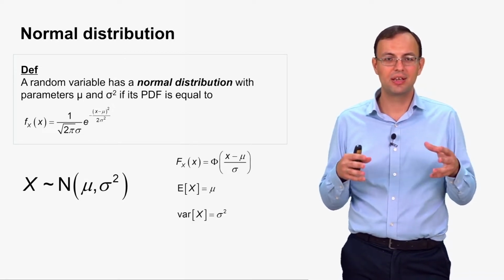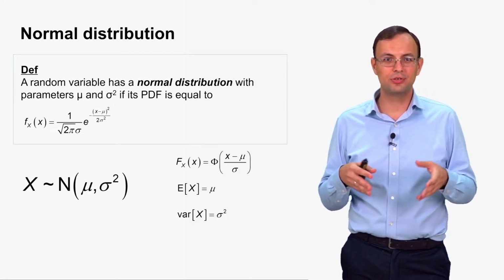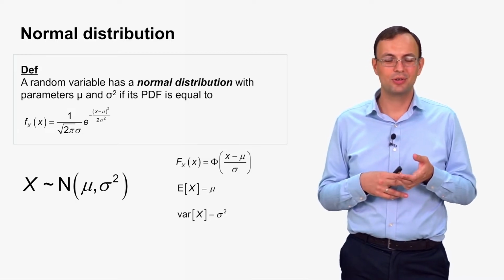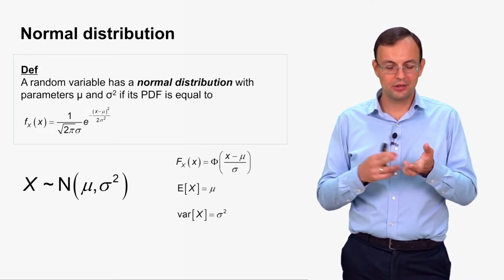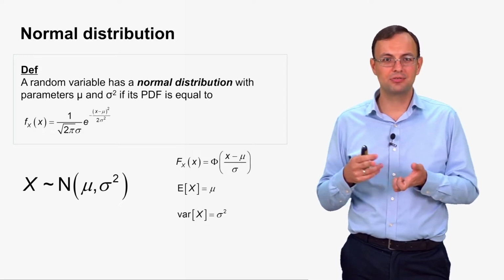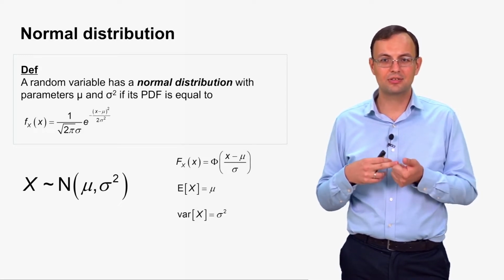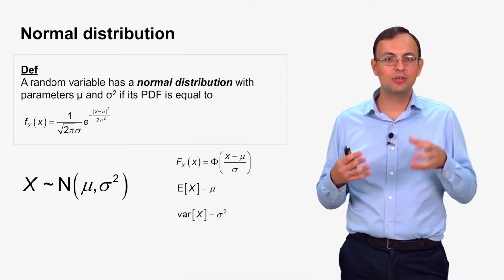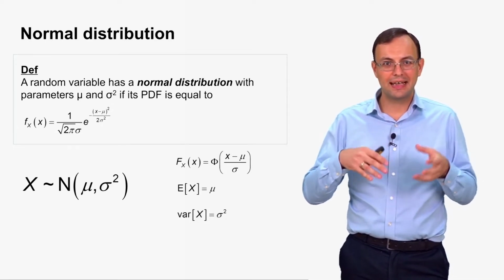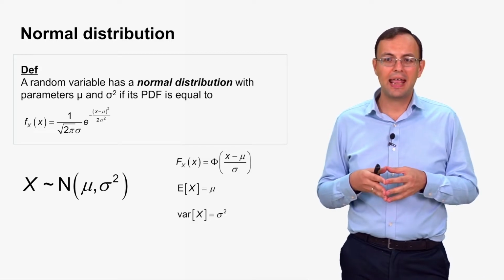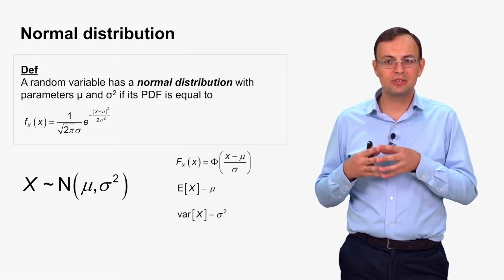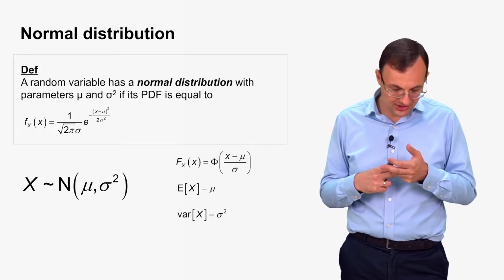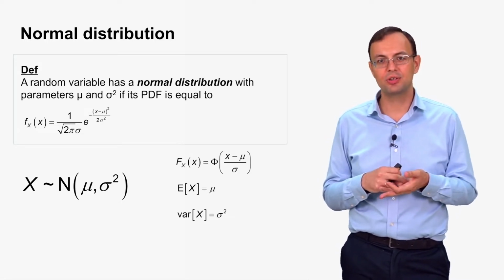Elementary functions are the functions you study in secondary school: polynomial, logarithm, exponent, trigonometrical functions, sine, cosine, and so on. So this integral cannot be expressed with elementary functions, and that is why a special table function is used for the CDF of a normal distribution.